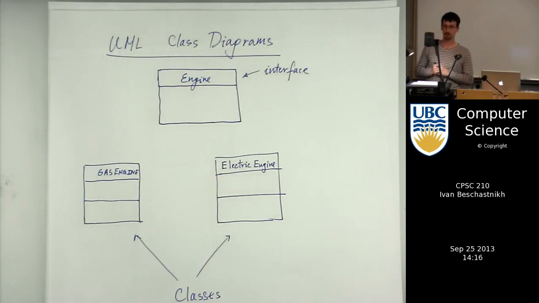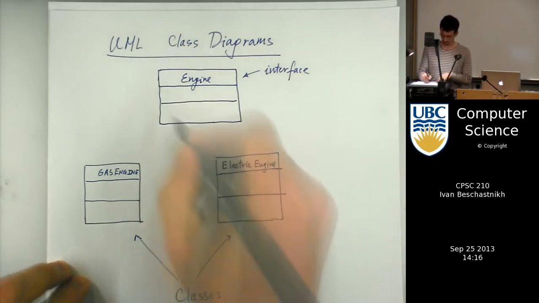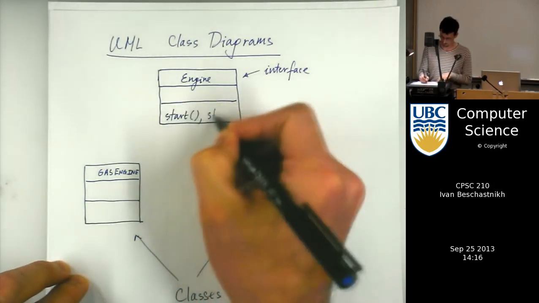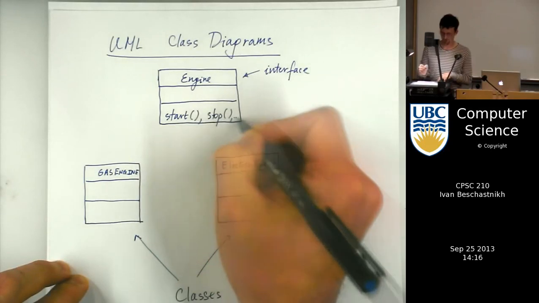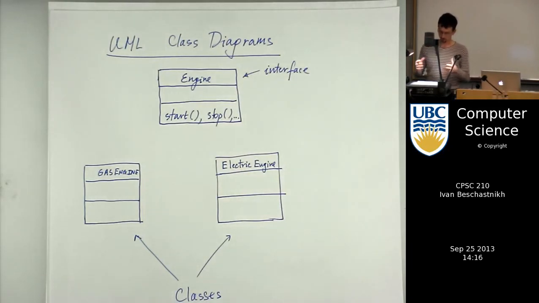Okay. Now, before we just basically drew these little boxes and we stopped there. So the engine has some fields, and the methods that it has are start, stop, fuel use. Previously we would stop here, except that now there's actually a relationship between the classes and the interface.